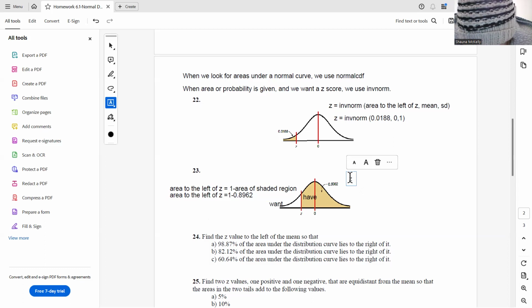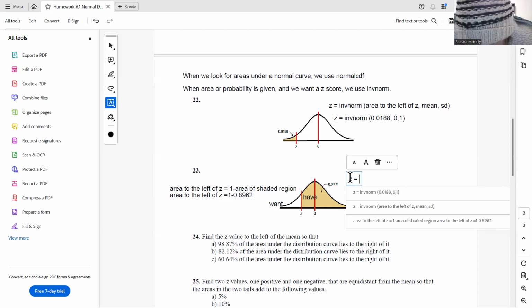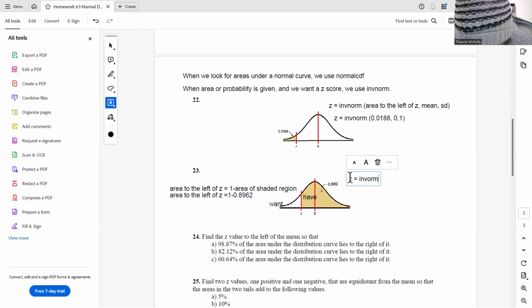Z equals inverse norm of my area, which is 1 minus 0.8962, my mean is 0, and my standard deviation is 1. So here's what this looks like.